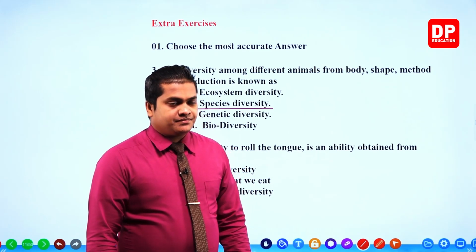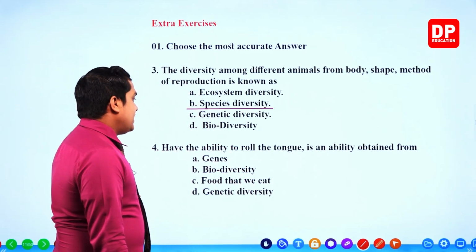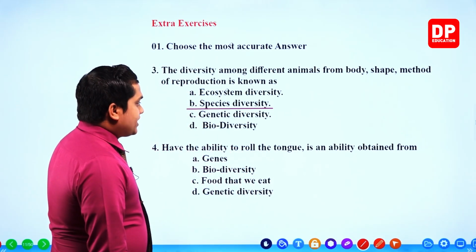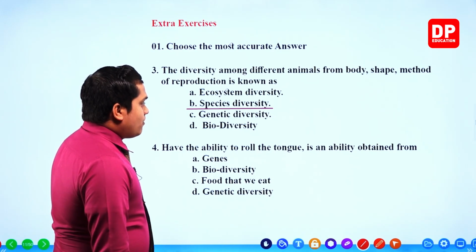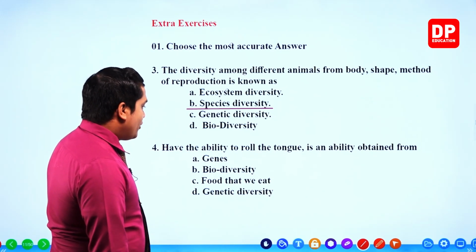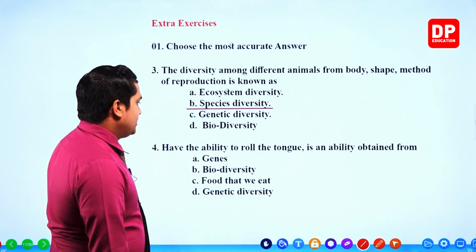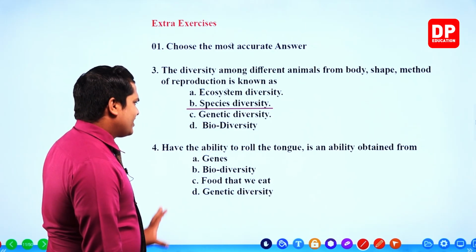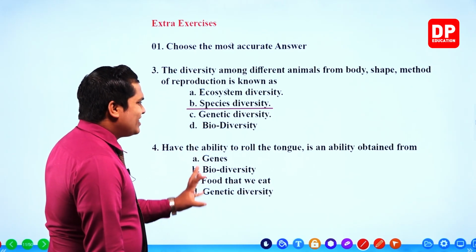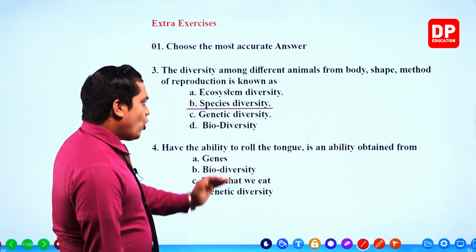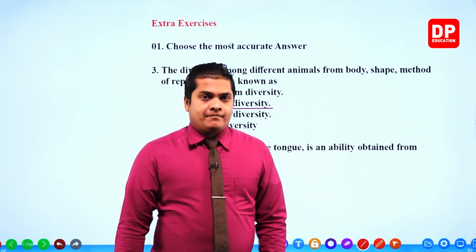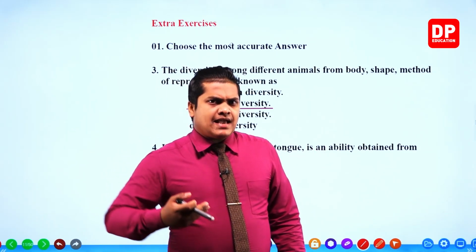Species diversity. Next one. Having the ability to roll the tongue is an ability obtained from genes, biodiversity, food that we eat, genetic diversity. Now the question is referring to the ability to roll the tongue. Where do we obtain these abilities?